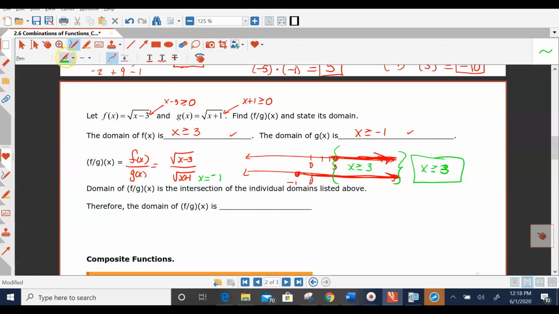So the domain of f divided by g is this overlapping domain, x greater than or equal to 3. Or we could write that in interval notation as a bracket on the 3 to the infinity. I'll stop it here and then we'll pick up with composite functions.